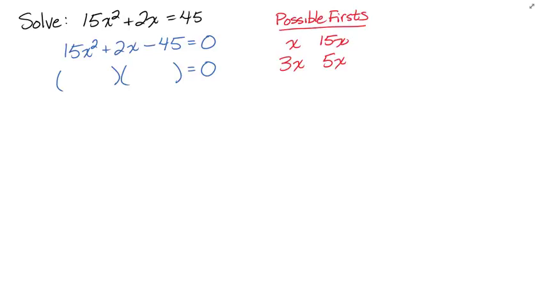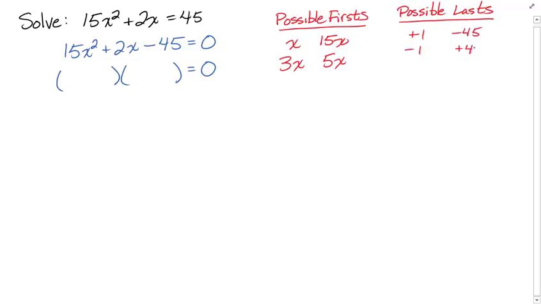So then, since we don't know for sure which pair it is, we need to identify also what the possible lasts are. And remember the rule: the last term times the last term needs to equal the last term. So we need to find a pair of numbers that multiply to give us negative 45. And here we have several choices. We could have a plus 1 and a minus 45, or a minus 1 and a plus 45.